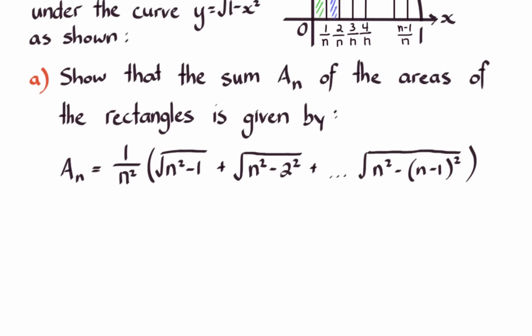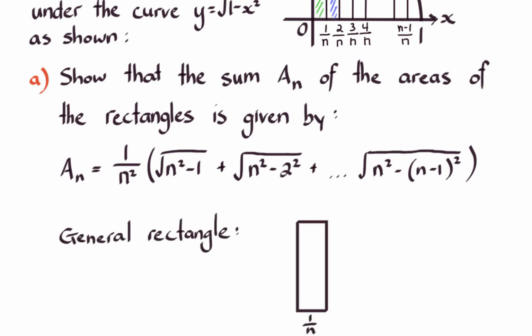So some general rectangle would have a width of 1 on n, and its height would be the function root 1 minus x squared, where we are substituting in the x value, x on n.